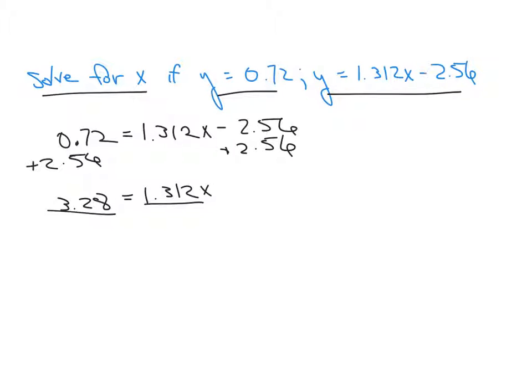Divide both sides by 1.312. Those go away. 3.28 divided by 1.312, and we get 2.5.